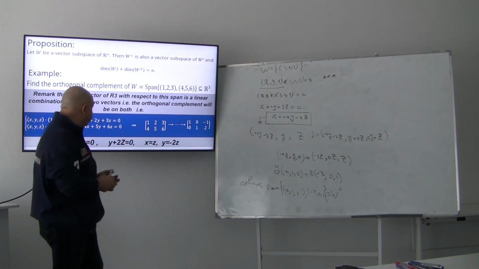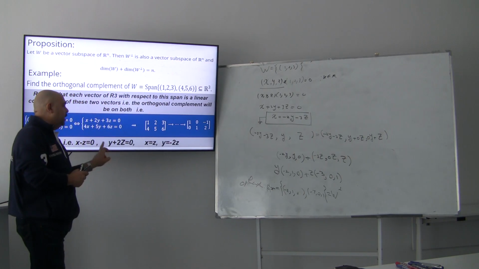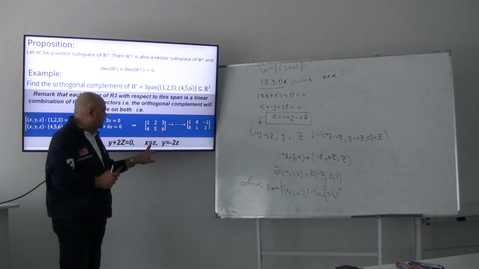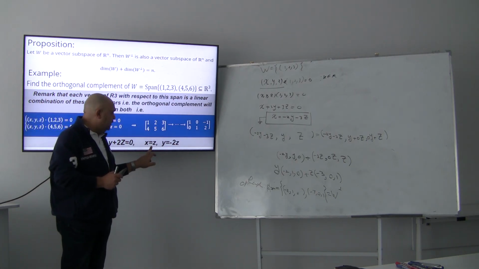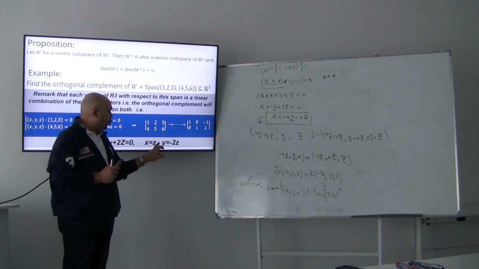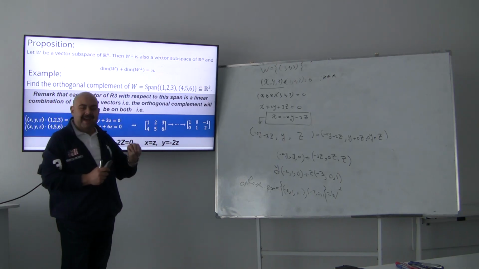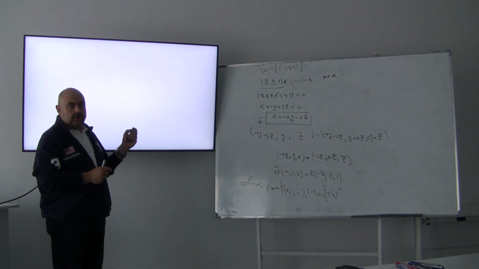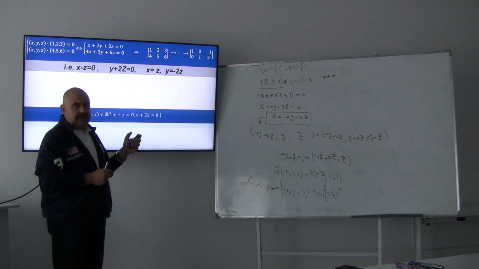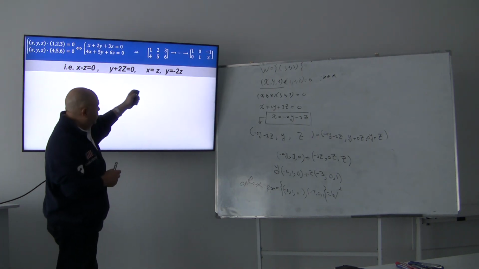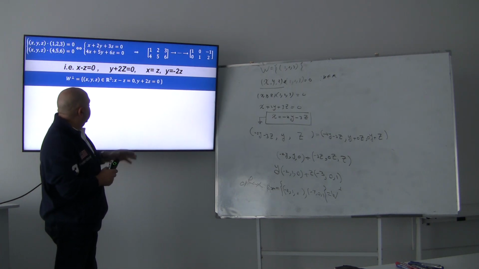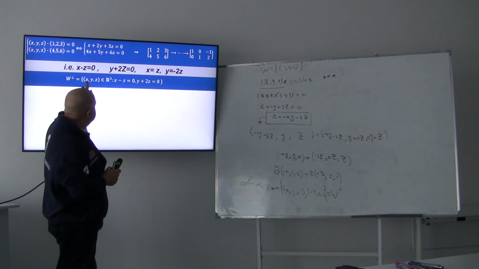And in this manner, I will succeed in getting x equal to z for the first coordinate, and y equal to negative 2z. Now I can write the orthogonal complement, as you can see, okay? It's exactly like the previous slide. Now I will change x to z, and y to negative 2z.